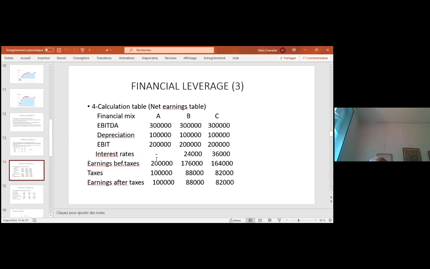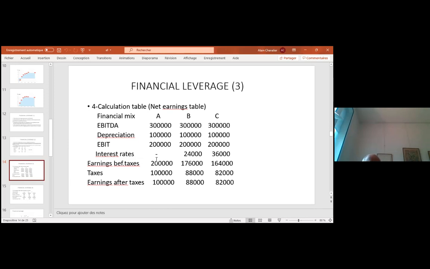So it's quite easy to understand that when you increase the debt level, you increase the amount of interest paid, you decrease the earnings before taxes, you decrease also the tax level, but also you decrease the earnings after taxes.